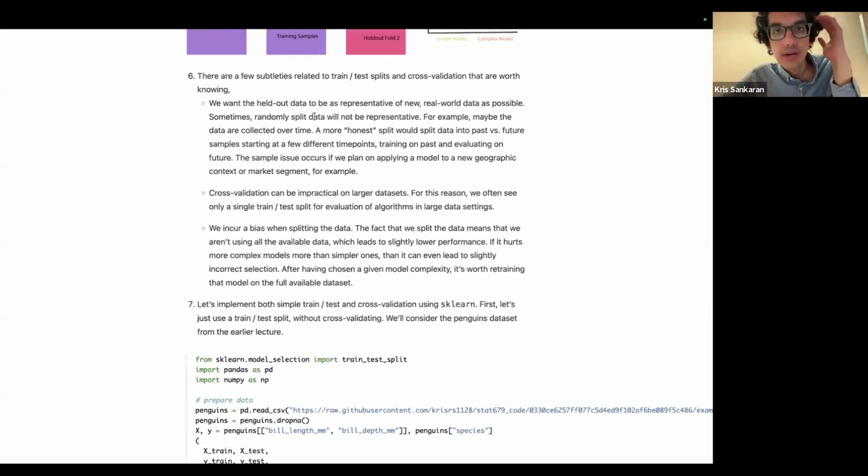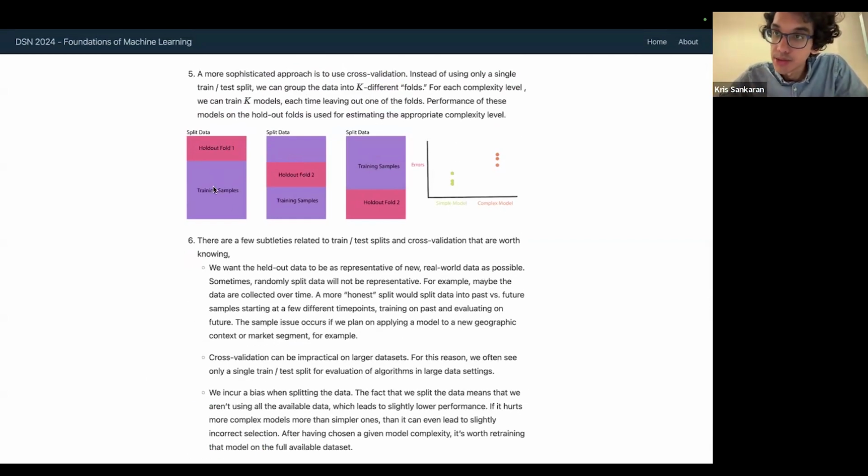There are some subtleties here, right? I've seen people with temporal data apply cross-validation to it. But then you get weird situations where you try using the future to predict the past. If you just randomly split the samples and they're ordered by time, sometimes you might end up with test points which are earlier than the training points.